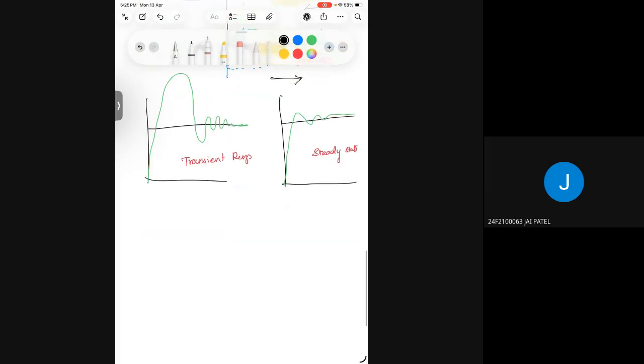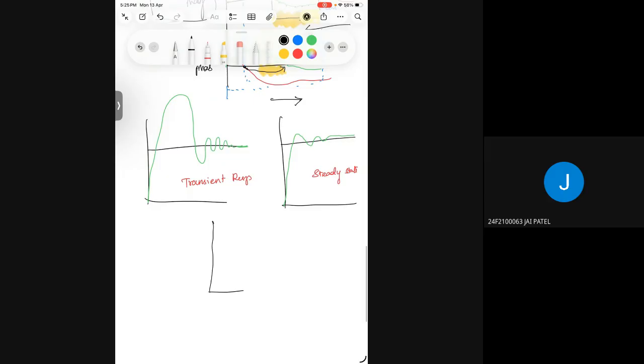But in some systems, as I explained before, there might be two issues. Both the transient and the steady state error will be an issue. It will have undesirable transients and also some steady state error. So here we need to fix both transient as well as steady state error, right?